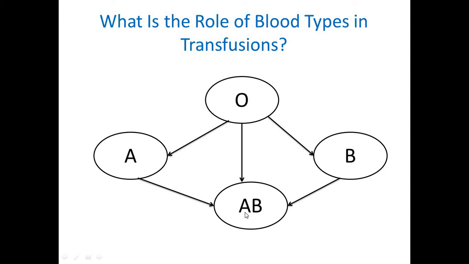AB can take from AB, from B, from O, and from A. So type O can give to all the types, but type AB can take from any type.